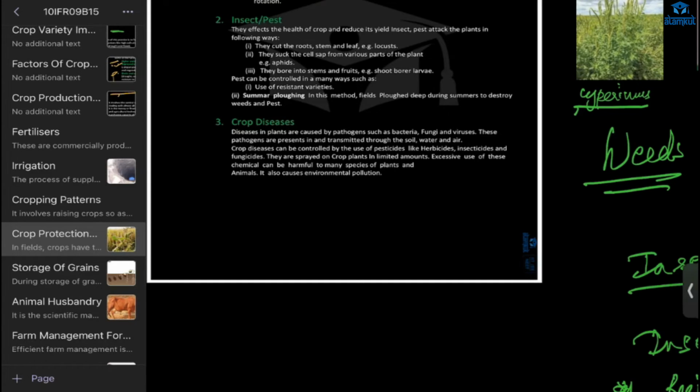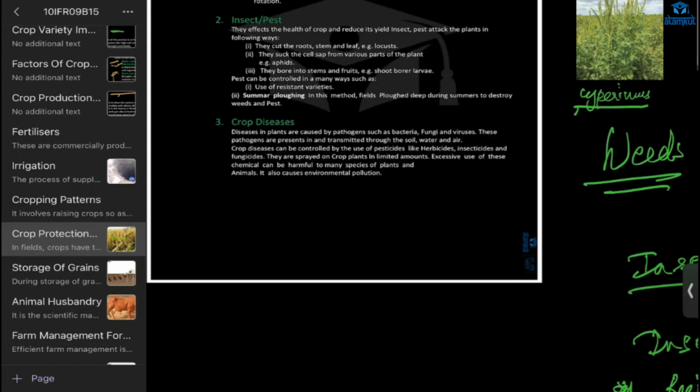Can a crop lose yield because of a disease? Yes, it will get infected, and because of that the quantity and the quality of the crops will reduce, and also the coloration of the crops.